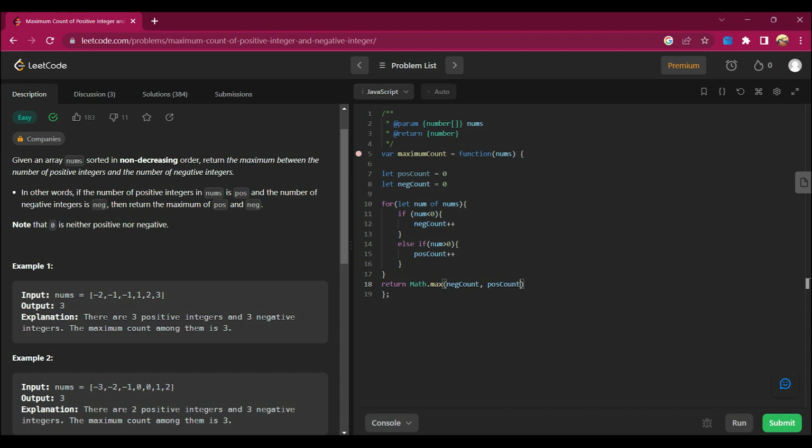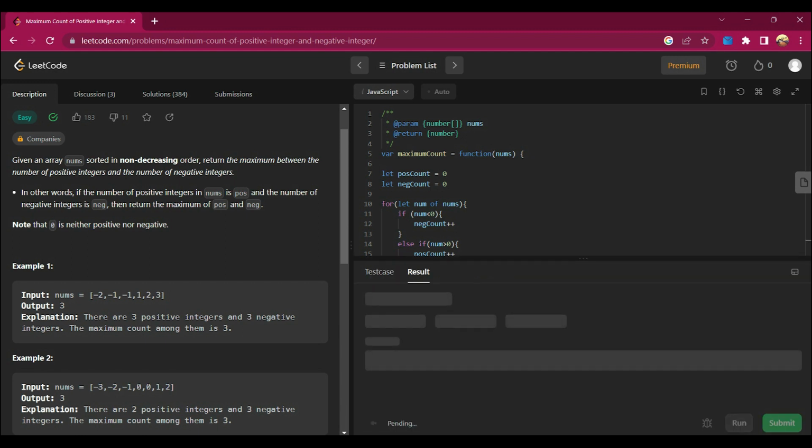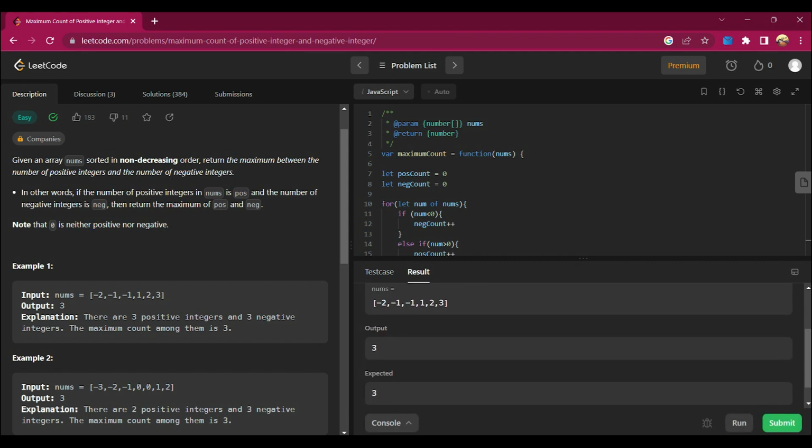That will give the maximum value between both of these values. So if we run this code now, you see we have got our answer here.